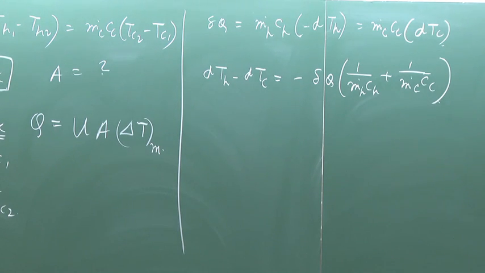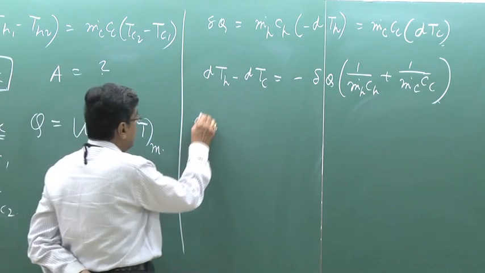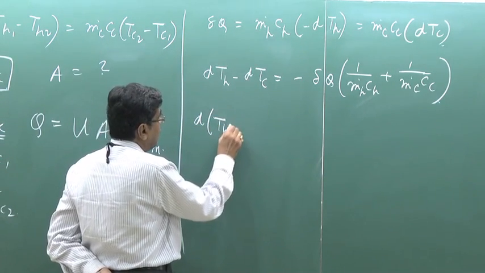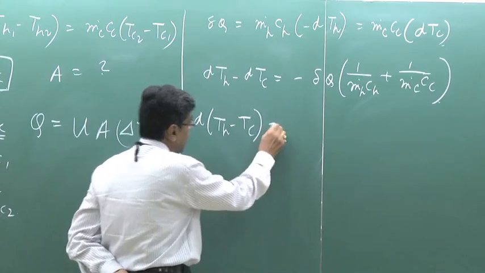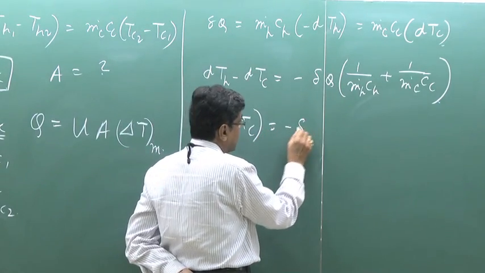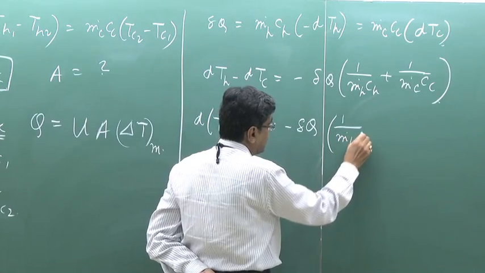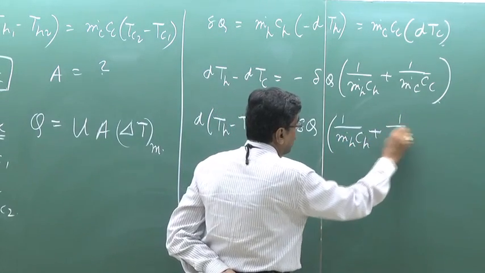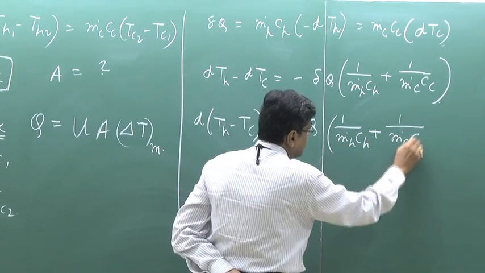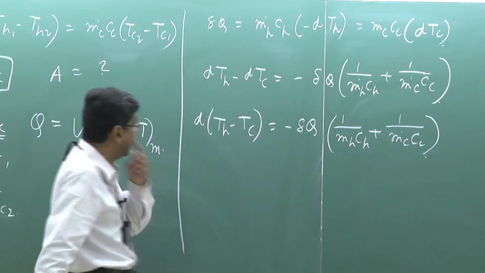dTH minus dTC, clear? This can be written as d of (TH minus TC) is, by an algebraic step, minus delQ (1 by m dot H CH plus 1 by m dot C CC), with the nomenclature I have told.